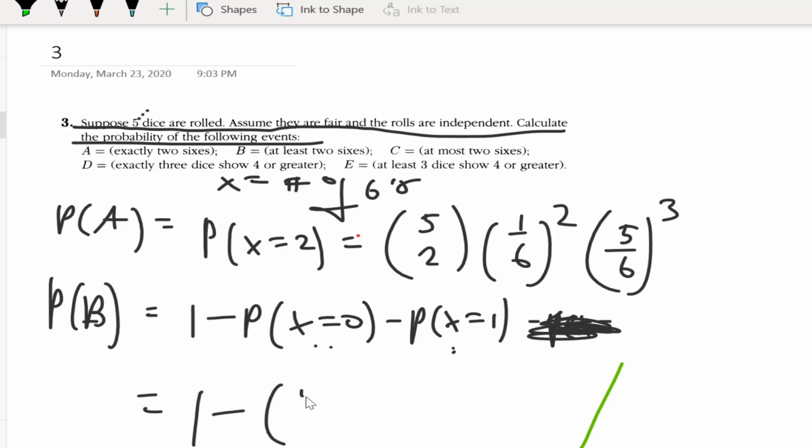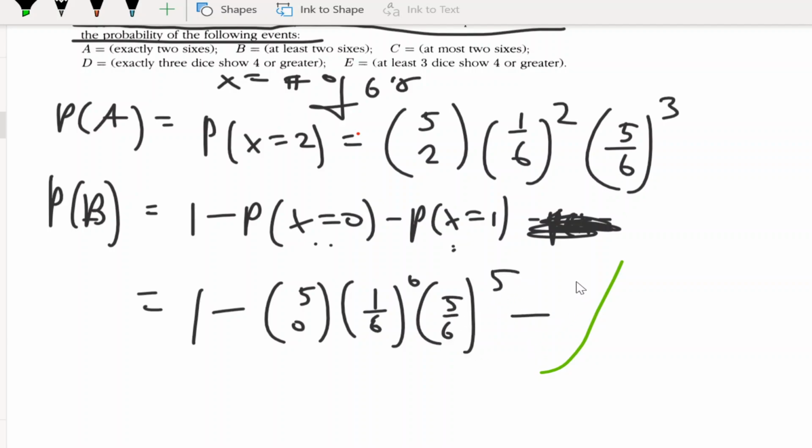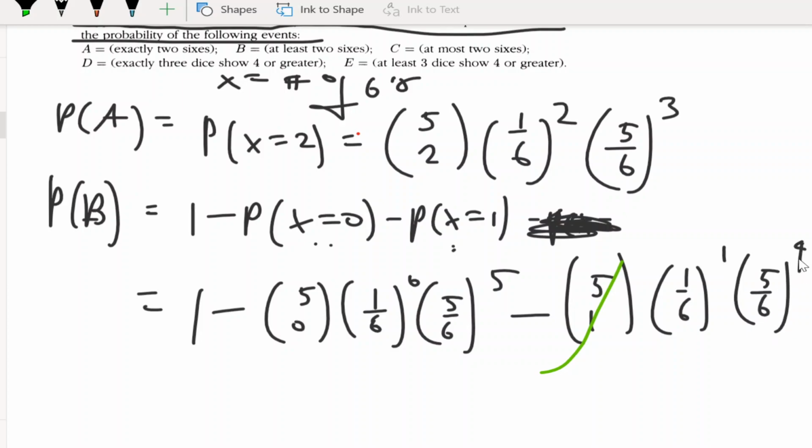Okay, cool. So it's pretty much the exact same thing. 1 minus 5 choose 0, which is equal to 1, times (1/6) to the 0, which is equal to 1, times (5/6) to the 5th power. Minus 5 choose 1, which is equal to 5, times 1/6 to the first power, which is 1/6, and then (5/6) to the 4th power.